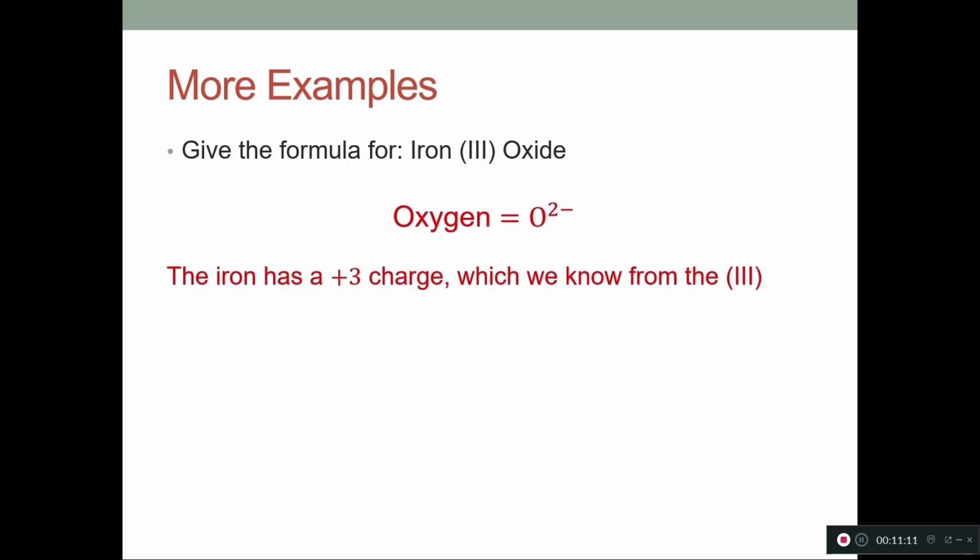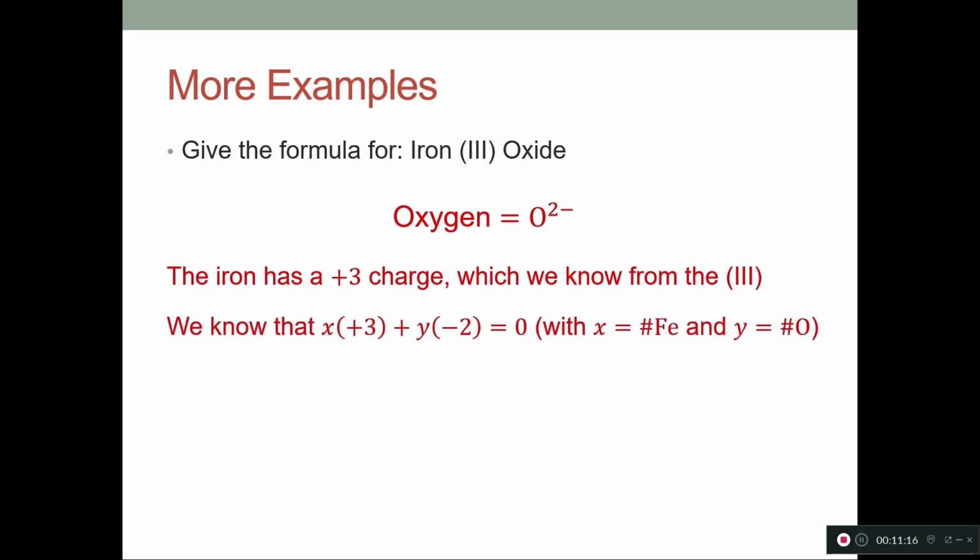Then if we want to try to find the formula for iron 3 oxide, again, oxygen is always -2. The iron has a +3, which we know from the Roman numeral 3 in parentheses, and so we know that x times +3 plus y times -2 is going to be equal to 0, where x is the number of irons, y the number of oxygens. And so if we just subtract y times -2 from both sides, that gives us x times +3 equals y times +2.